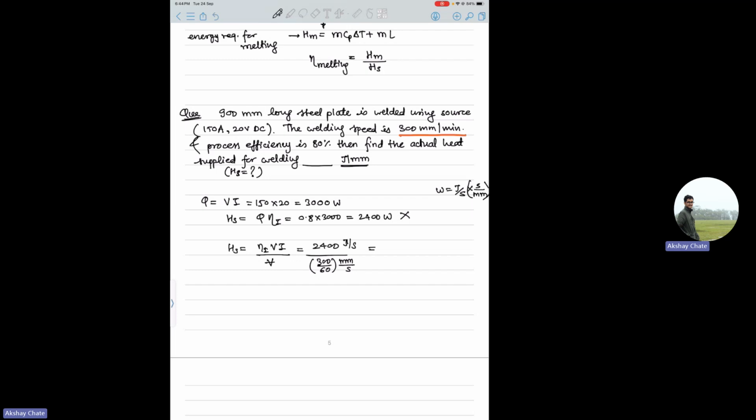So 2400 divided by 5 will be 480 joule per mm. Okay, so sometimes they try to trick students using these kinds of things.